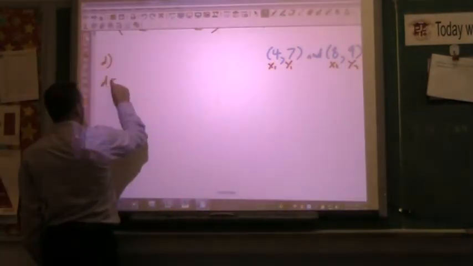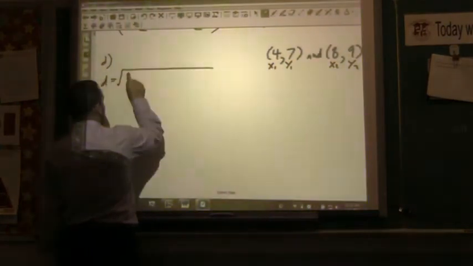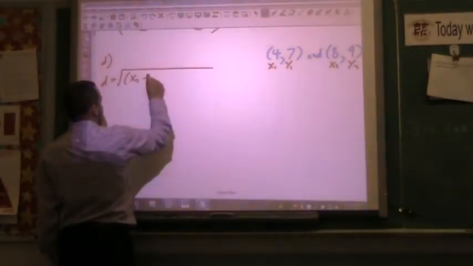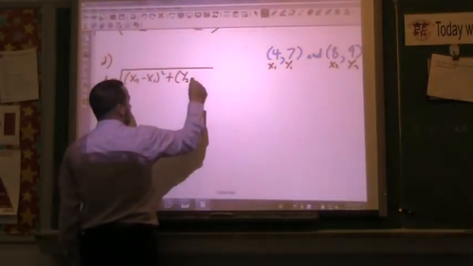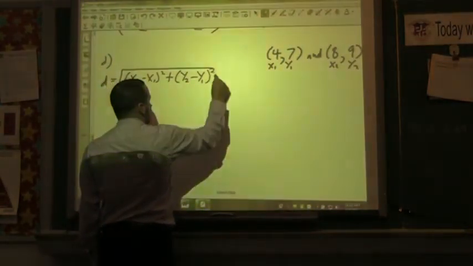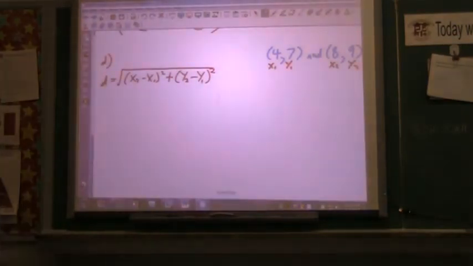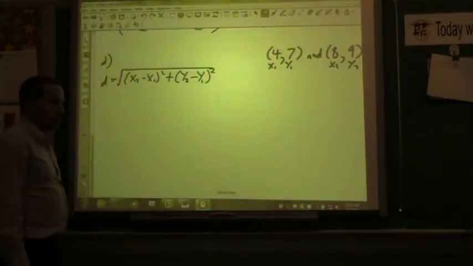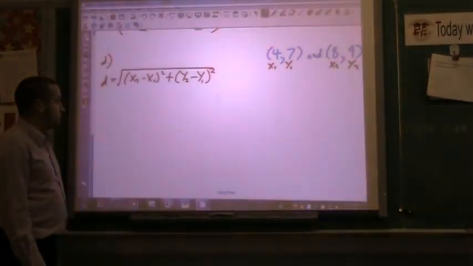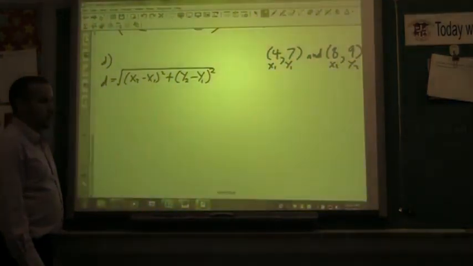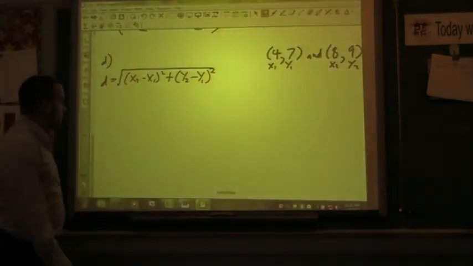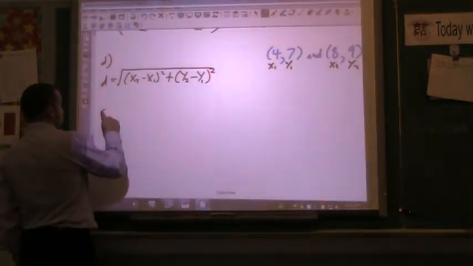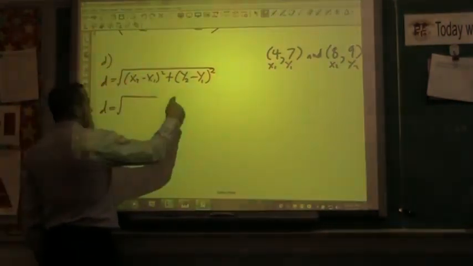Okay, so you have the distance formula is equal to the square root of (x2 minus x1) squared plus (y2 minus y1) squared. This really should be some free points for you on the exam. The formula's right there. Just be careful of the common mistakes. I'll speak about those here in a second. We'll just go through this for now.